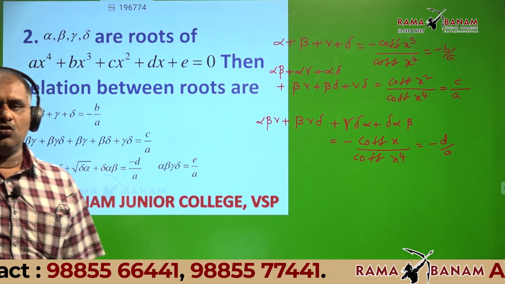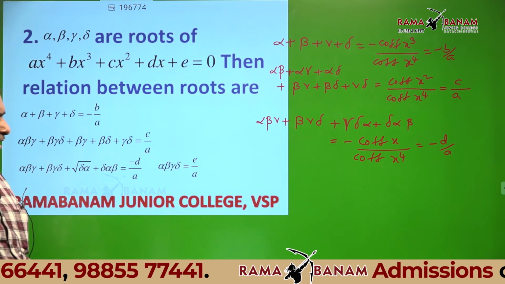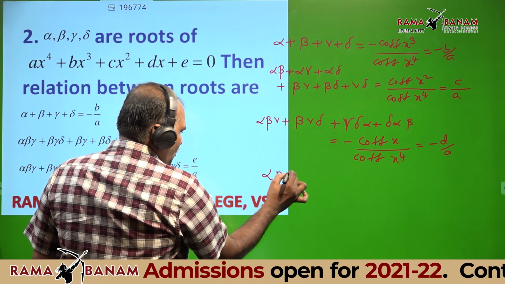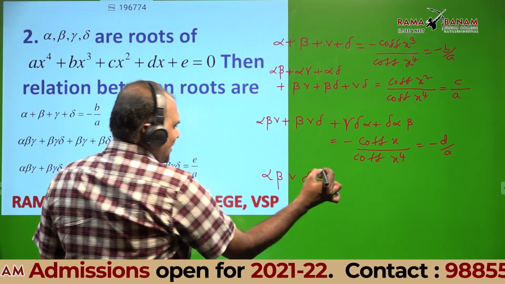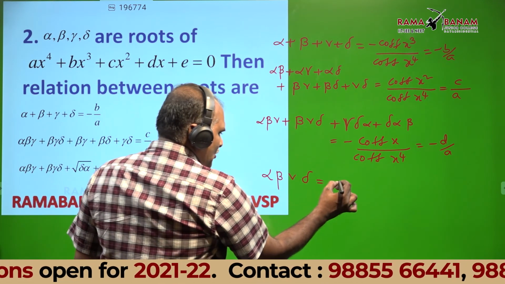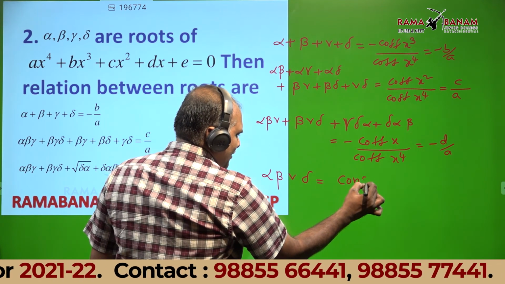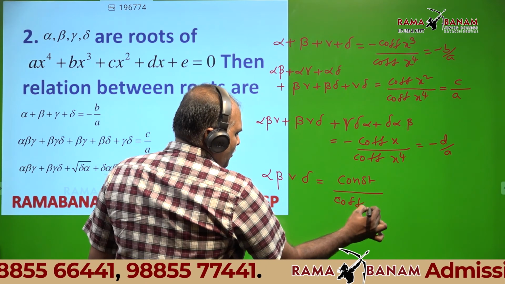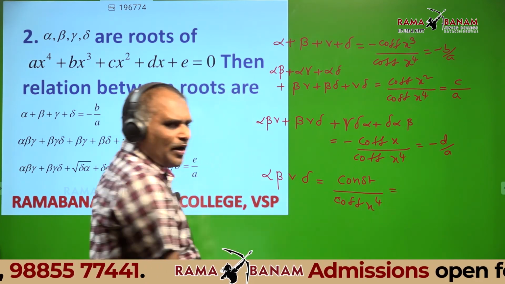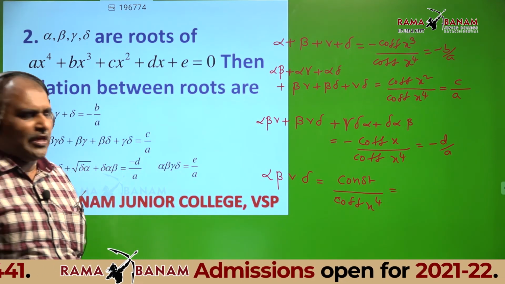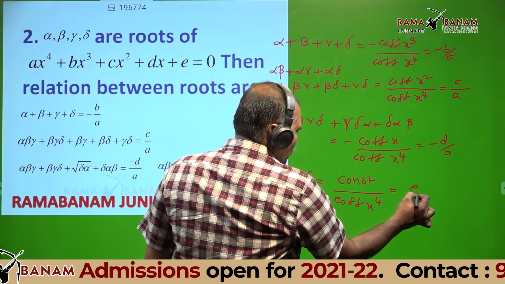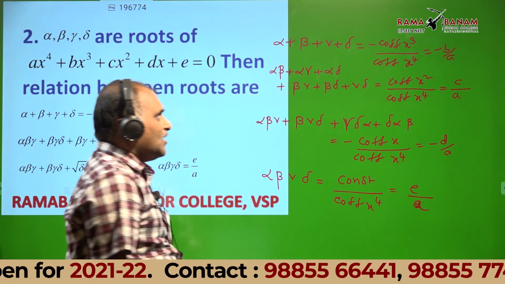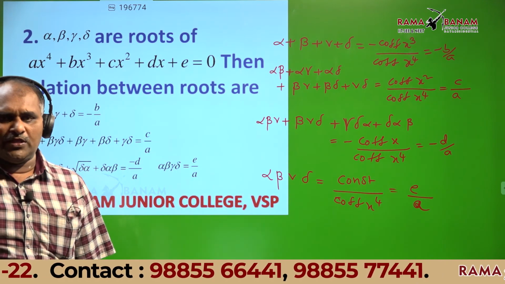After that, 4 roots product, alpha beta gamma delta, is equal to the constant divided by the coefficient of x power 4. What is the constant? E. E divided by a. These are the results.